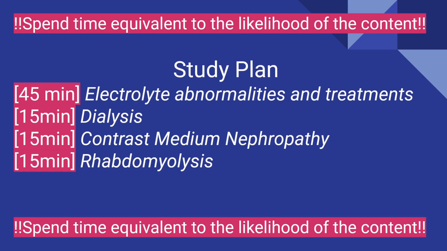And then rhabdo and how that can impact kidney failure, as well as what kind of electrolytes and what kind of lab values you're looking for. So I'd say spend about 2 hours on these topics just to familiarize yourself beforehand. They might not be big topics and therefore have few, if any, questions on the exam, but just having a base knowledge of that will help just in case you are given a question on them.